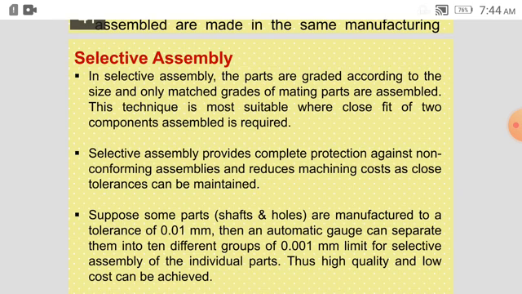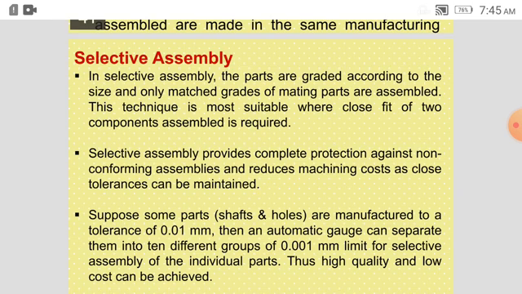Oversized bolts can be assembled with oversized nuts. The undersized bolts can be assembled with the undersized nuts. This is known as selective assembly, where we select as per how they are produced. If they are oversized, we sort out all the oversized male and female parts, undersized and basic size.